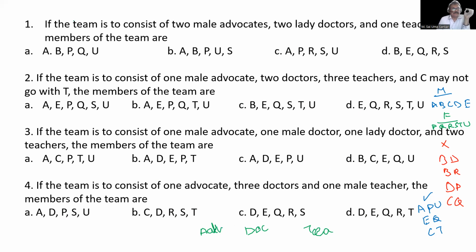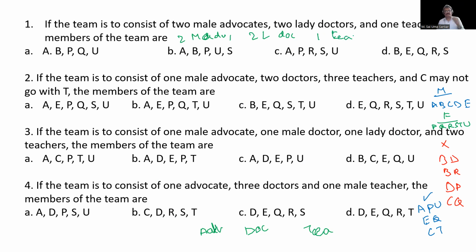Now come to the first one. If the team consists of 2 male advocates, 2 lady doctors, and 1 teacher, what do we require? 2 male advocates, 2 lady doctors, and 1 teacher.